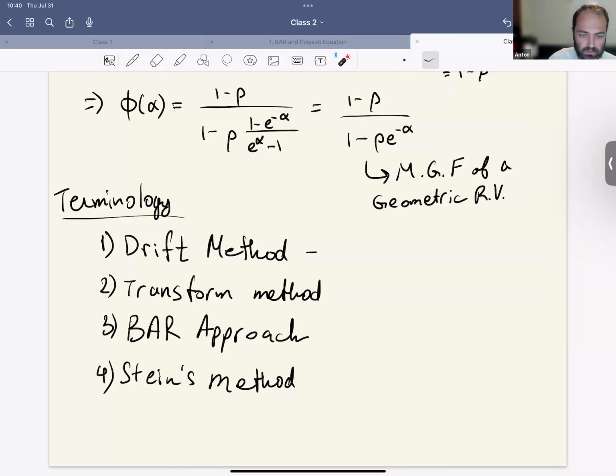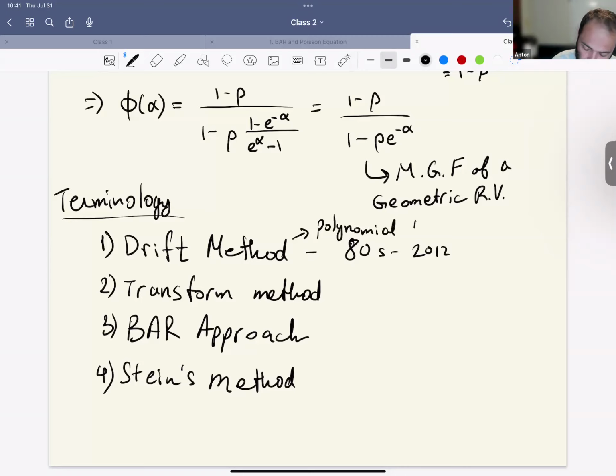I think the term drift method itself goes back to Bruce Hajek and Srikant, more recently Srikant and Atilla Eryilmaz, so let's say the 80s to 2012-ish. And really, the drift method most of the time ends up being the use of polynomial test functions.